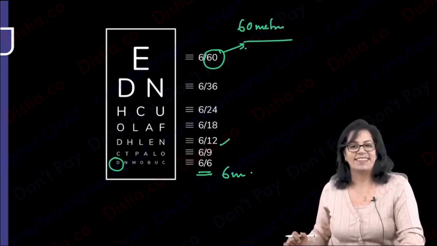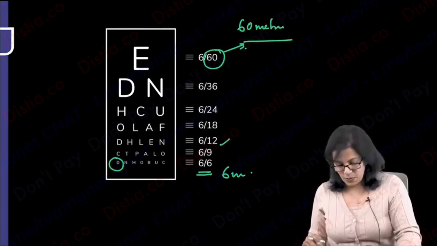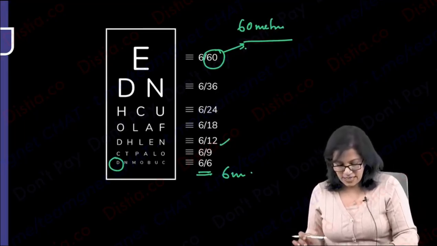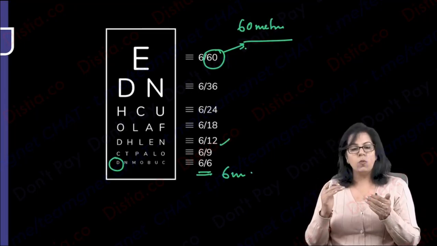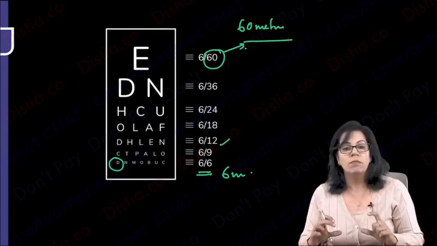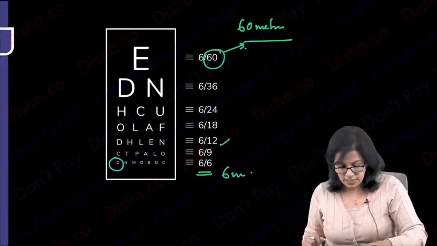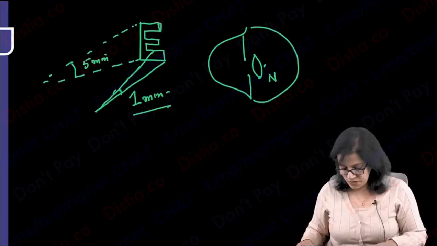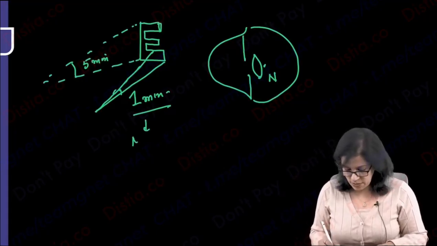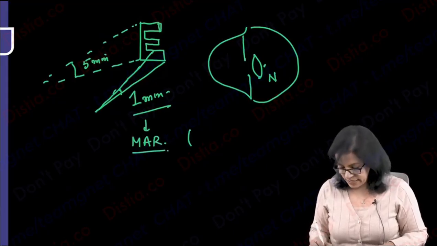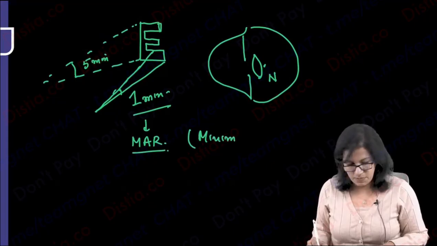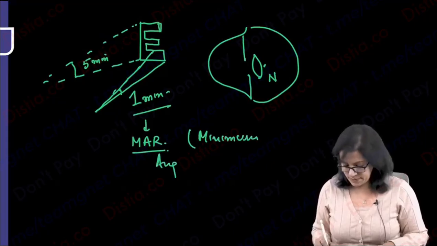So, keep this in mind. Correct? Okay. And the margin, the angle subtended by the margin, is your minimum angle of resolution. We will also call it minimum angle of resolution. MAR, write down please, is minimum angle of resolution.